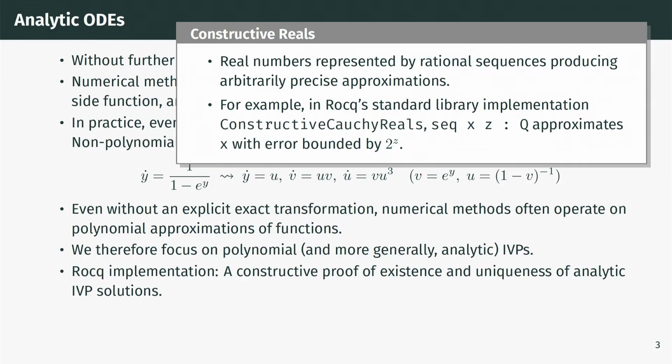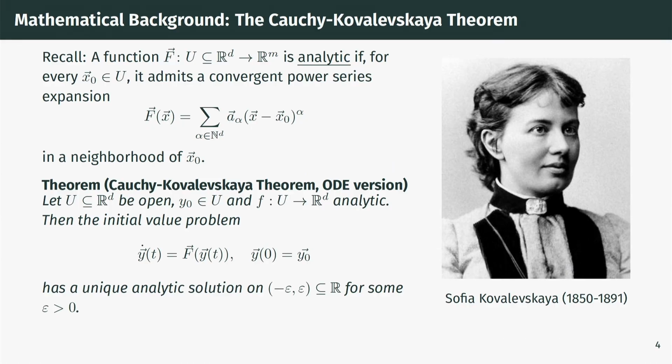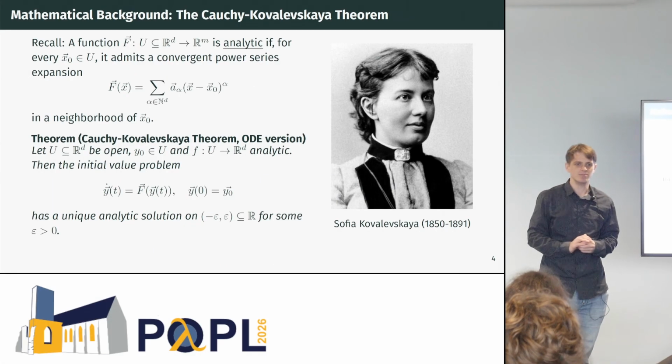If you want to output, you can write sec x and an integer z, which will then give you a rational approximation of x with error bounded by 2 to the z. Right? So if this is, for example, -3, it will give you a -3 approximation.